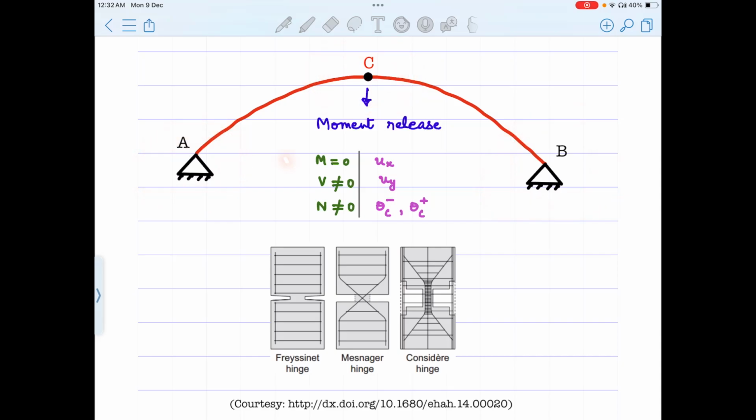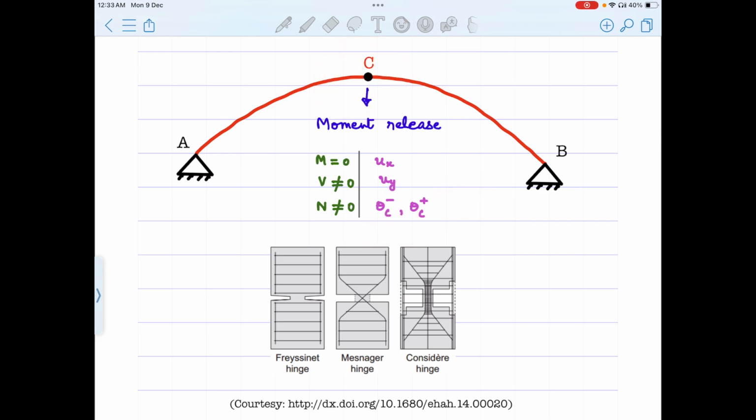We know that the bending moment should be zero here. However, the axial force and shear force need not be zero. They are not zero. And how about the kinematic quantities? The displacements ux and uy are single valued. However, there is a slope discontinuity at this location C, which is indicated by this.